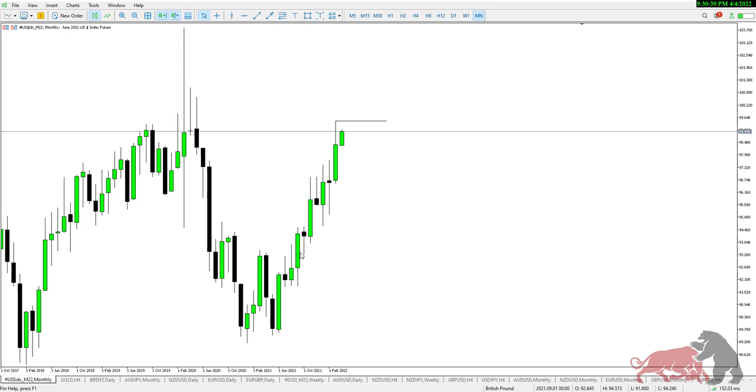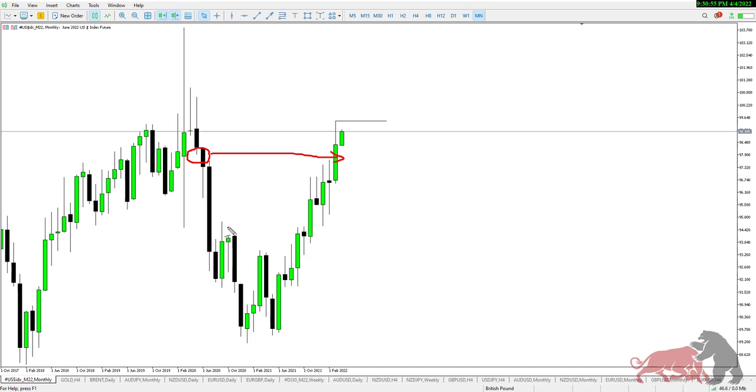With that said, you need to identify the discount array that is in control of current price. We have seen this imbalance here on the monthly chart getting filled in the month of March, right here.